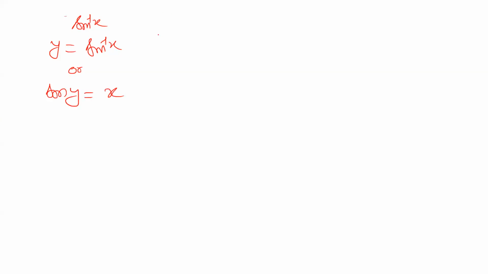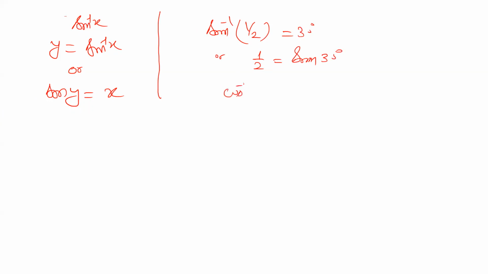How am I writing here? This is a rule in trigonometry, like sin inverse 1 by 2 equal to 30 degree. You can also write 1 by 2 is equal to sin 30 degree. Another example, cos inverse root 3 by 2 equal to 30 degree.